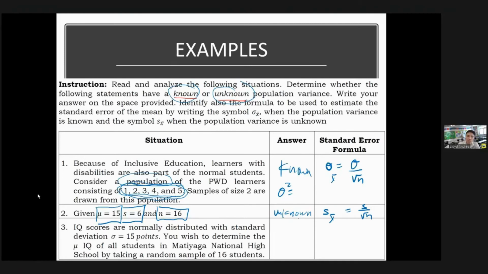So for number 3, IQ scores are normally distributed with standard deviation of 15. You wish to determine the mean IQ of all students in the Matyaga National High School by taking random samples of 16. So klaro na natay standard deviation. So ma-solve nato si population variance. Kaning sigma nato dire is ang population standard deviation man na.